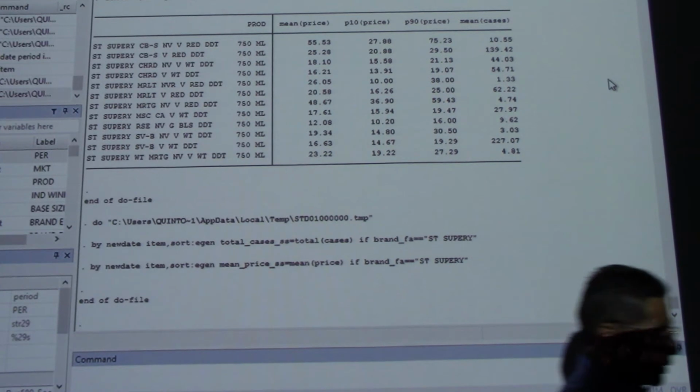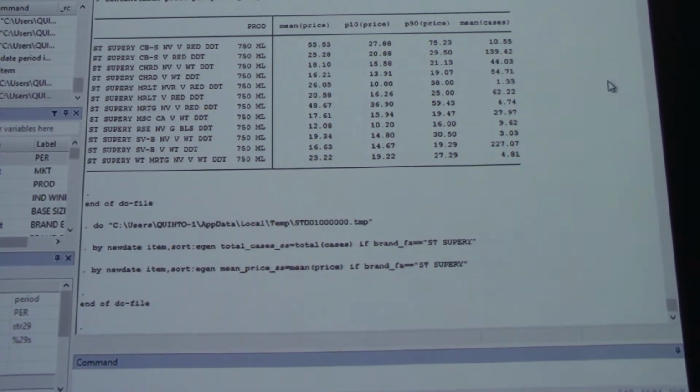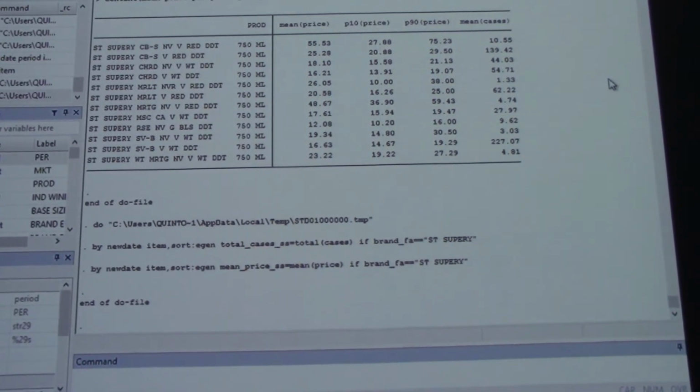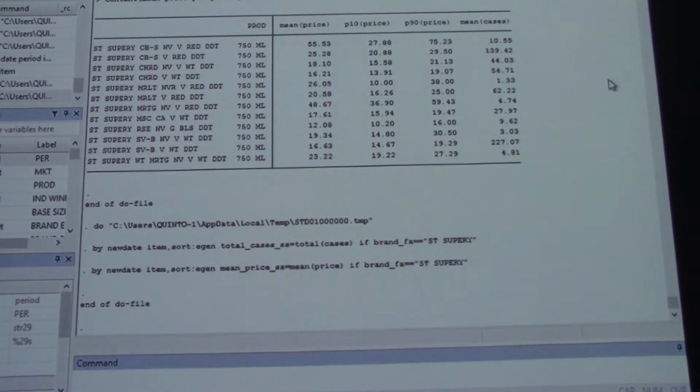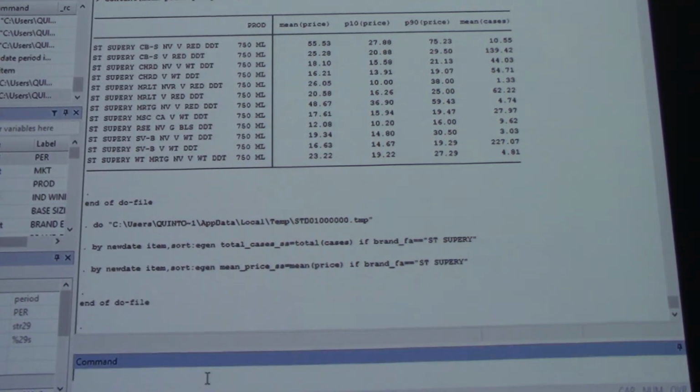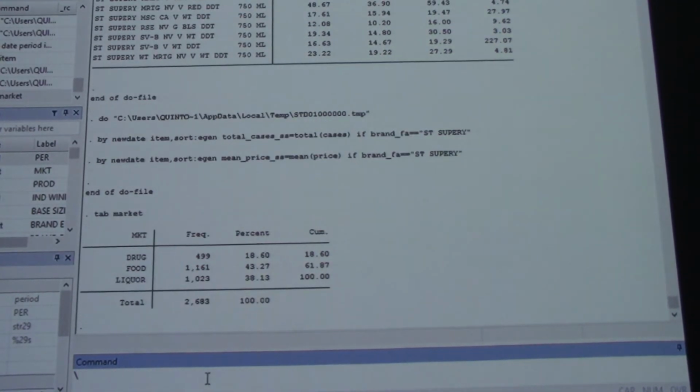All right, now we can take a look at the data. One of the things that we don't really care about is market. So we don't really need to distinguish among food, drug, and liquor stores.